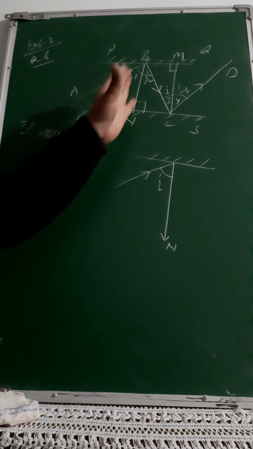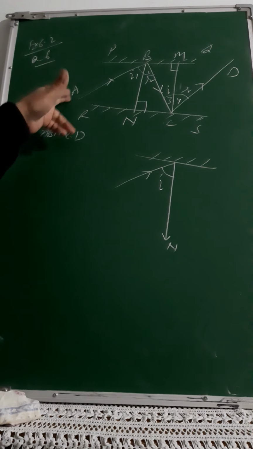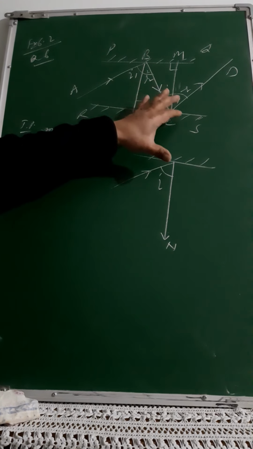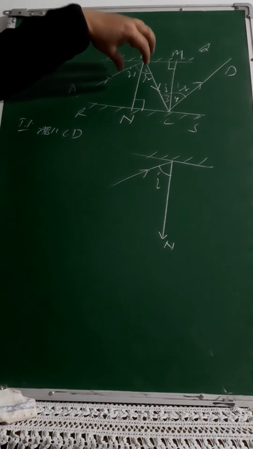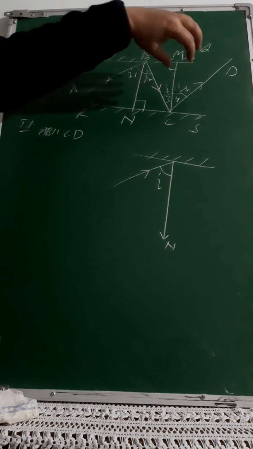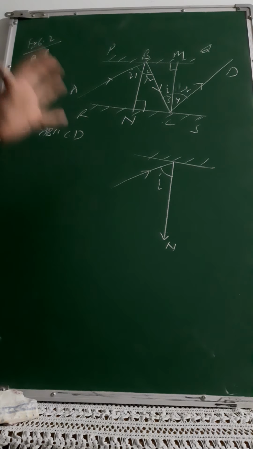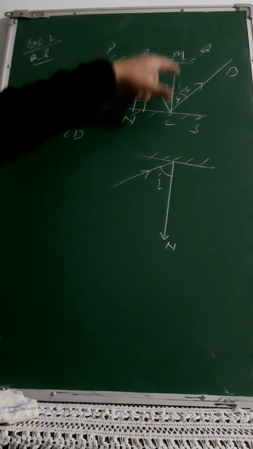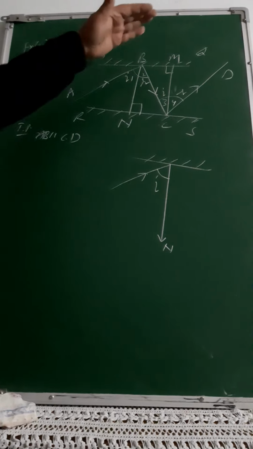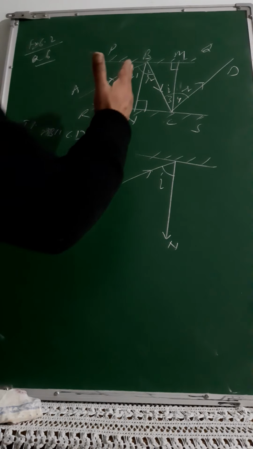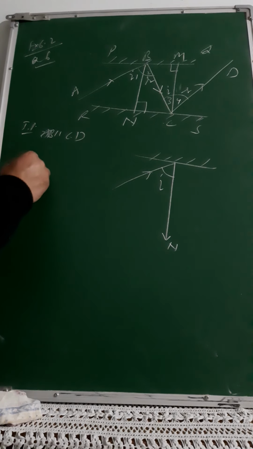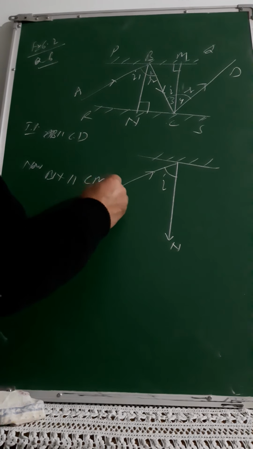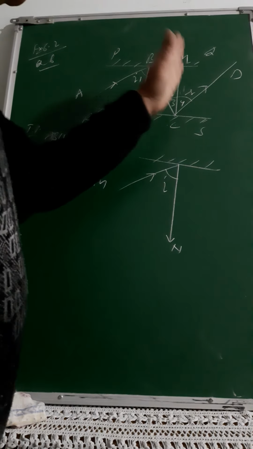Now look at this. What I need to prove is AB is parallel to CD, and I will keep my focus on proving that this whole angle, I plus R, is equal to this angle I plus R. BN and CM are perpendicular to these two mirrors respectively. So can I say BN is parallel to CM?